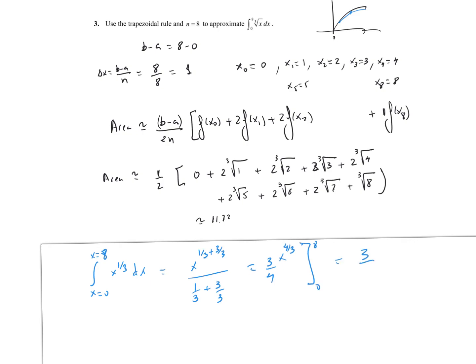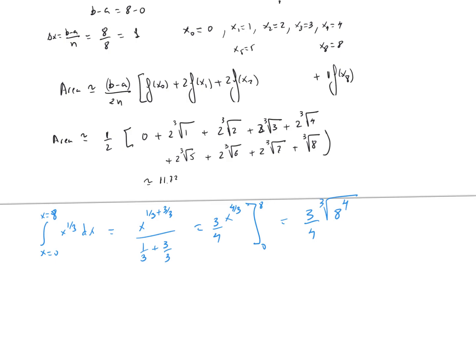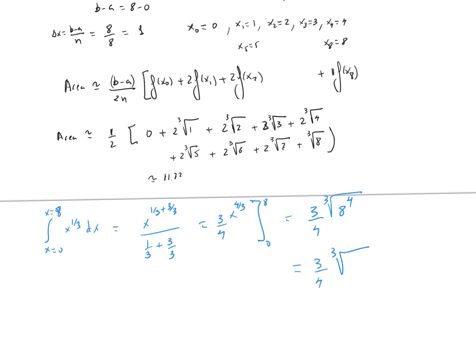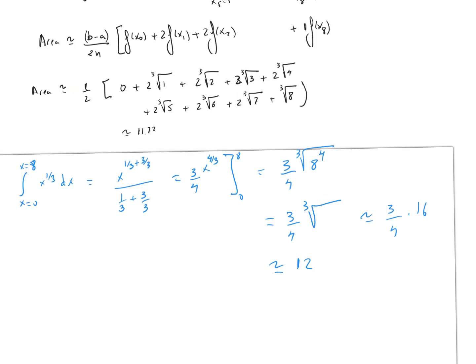So it will be 3/4 times the cubic root of 8 to the 4. And what is that? It is exactly 12. So the area using the trapezoidal rule is smaller.